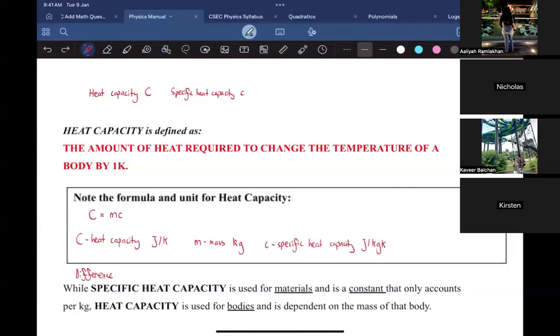Aliyah, please let me know as soon as you have this copied down, because you are moving with speed today. And the formula.